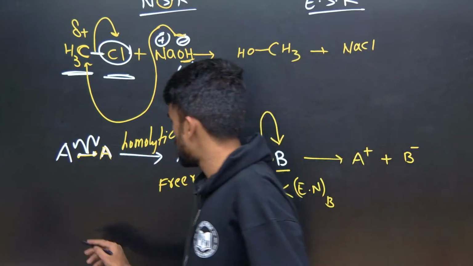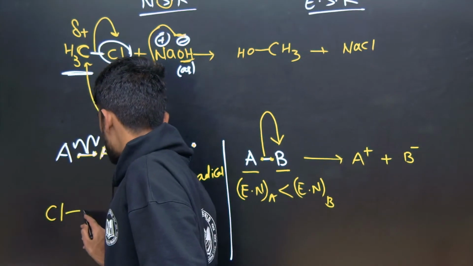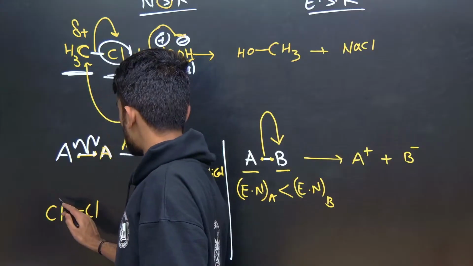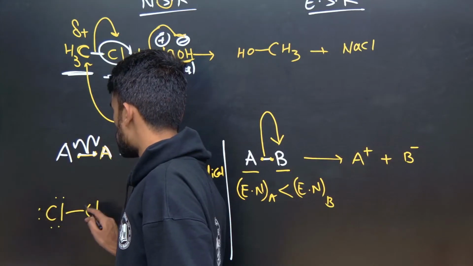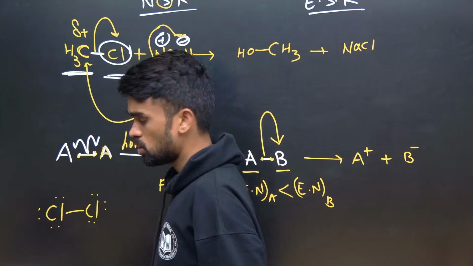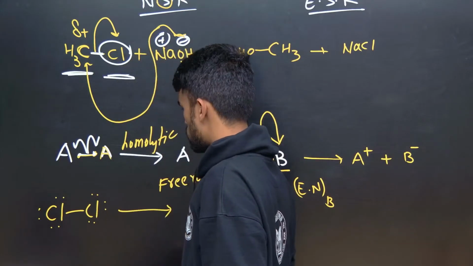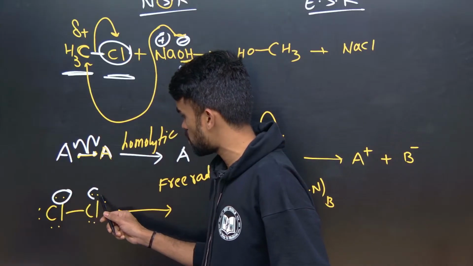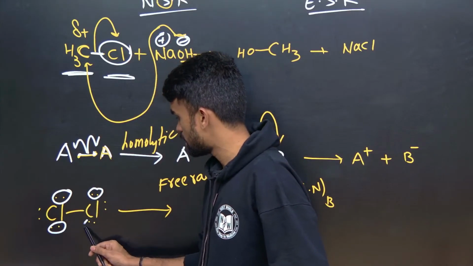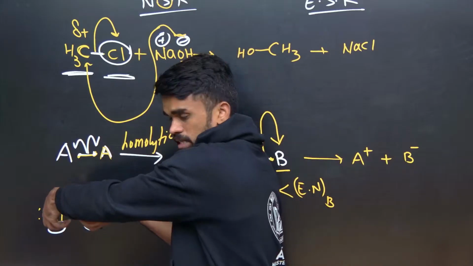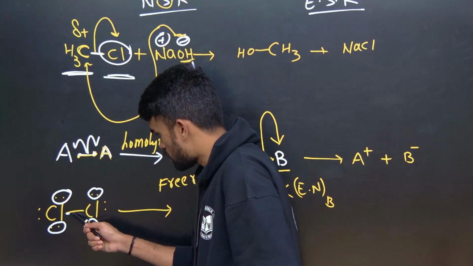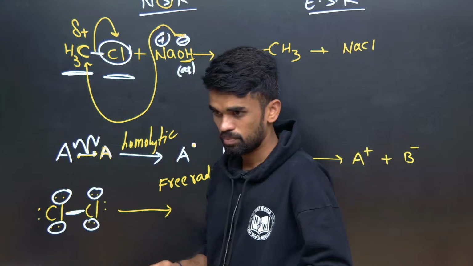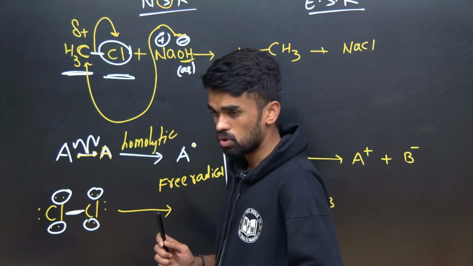Now I am writing one example, chlorine, chlorine. We know on each chlorine atom there will be 3 lone pairs like this. Due to the electronic repulsions between these non-bonding electrons and those non-bonding electrons, the sigma bond gets weaker.